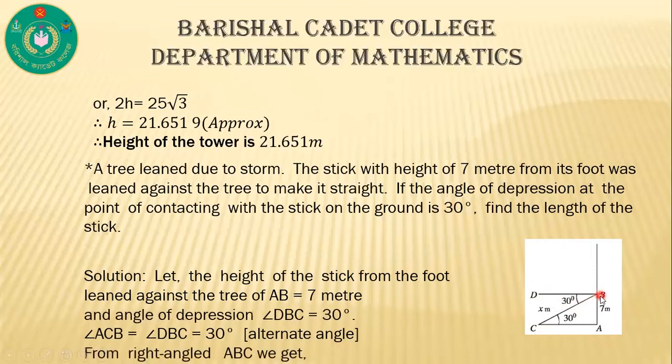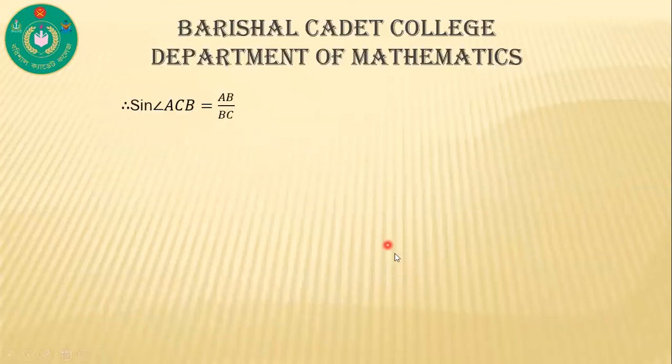From triangle ABC, we consider this angle. So we can write sine angle ACB is equal to AB by BC, because we know sine theta is equal to perpendicular by hypotenuse, here perpendicular AB and hypotenuse BC.